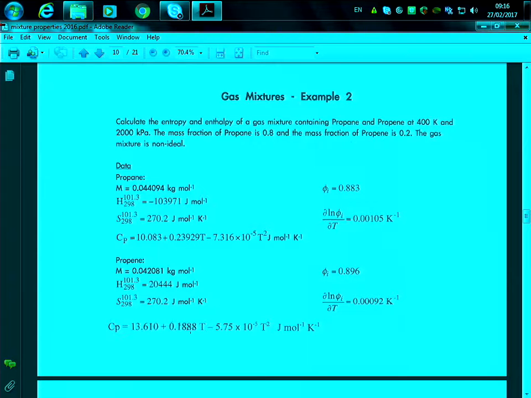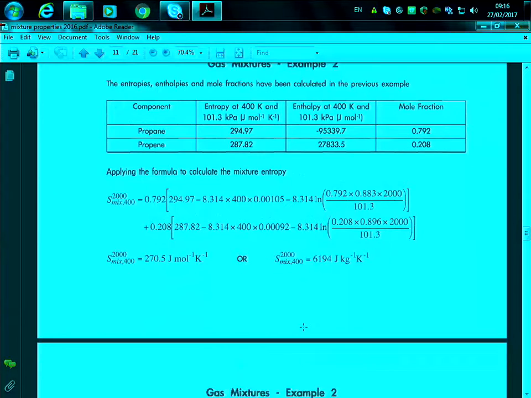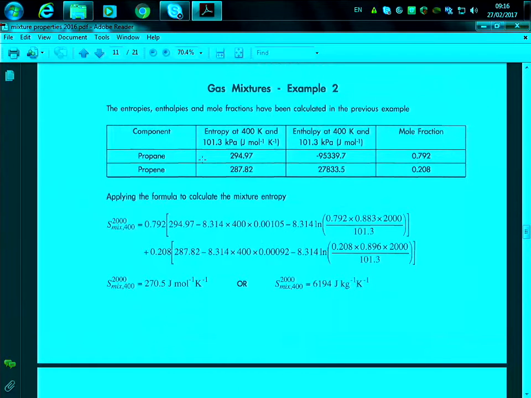So now we can basically calculate the entropy and enthalpy of each one of the compounds. Okay? So here, instead of calculating first of propane, then of propene, what we have done for this entropy calculation is just put the two together.